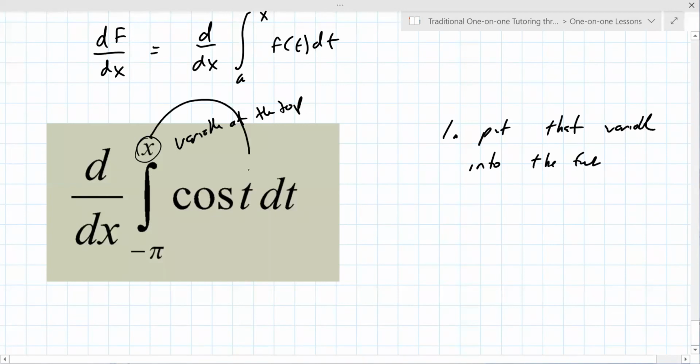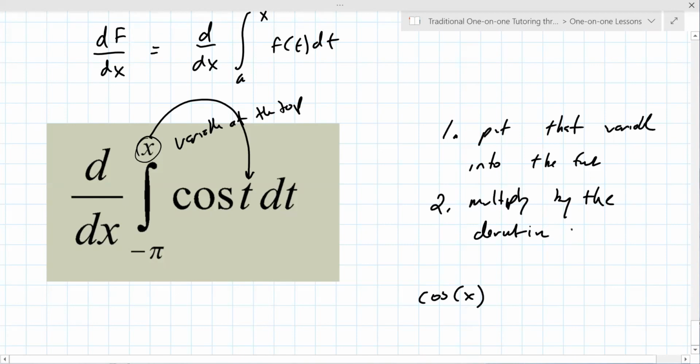So this x goes right there, so you write cosine x. Second thing you do is you multiply by the derivative of the top limit. So the derivative of x is 1.